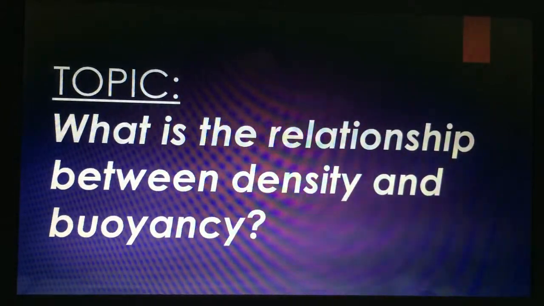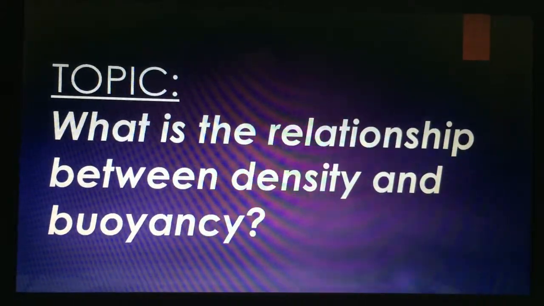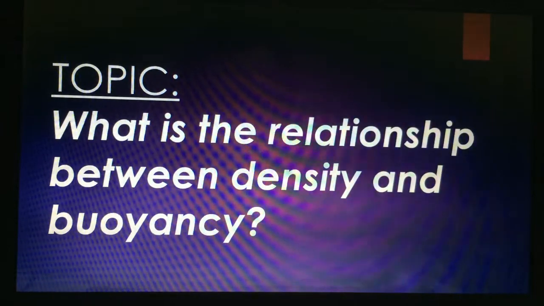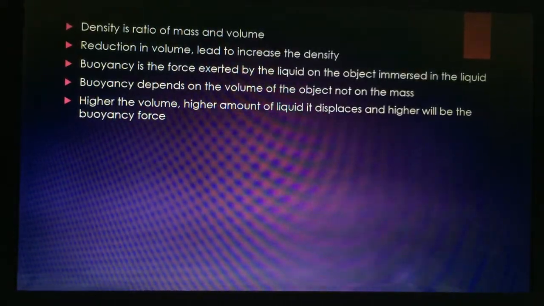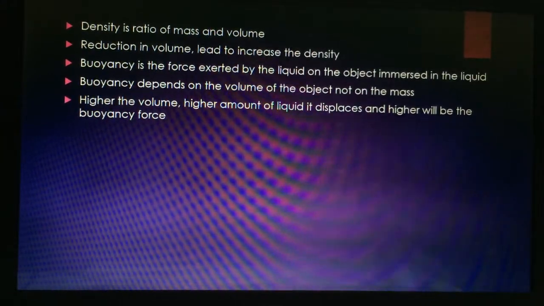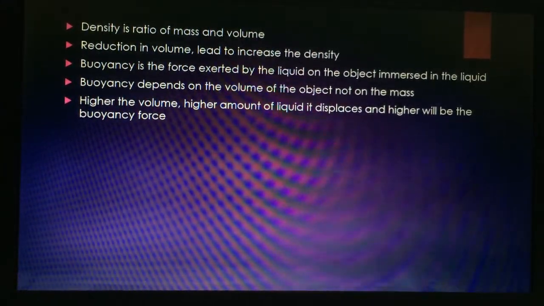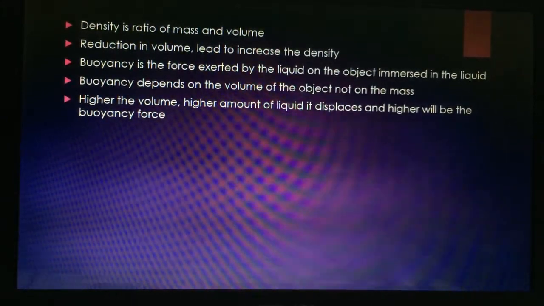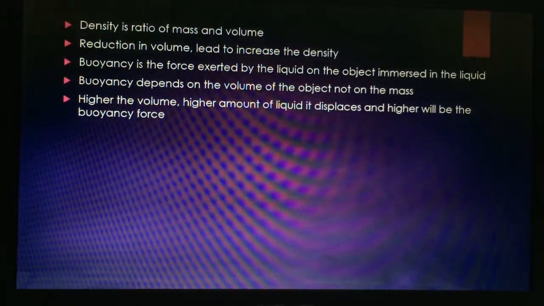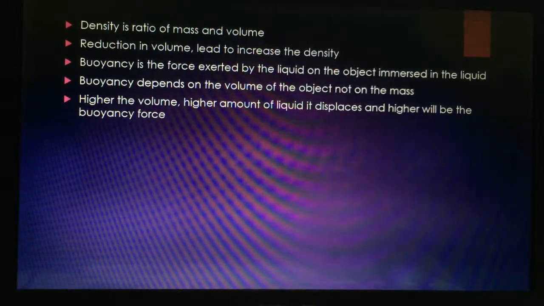First and foremost, we take a look at the definition of density and the definition of buoyancy. Density is a ratio of mass and volume; the formula of density is mass over volume, and a reduction in volume leads to an increase in density.